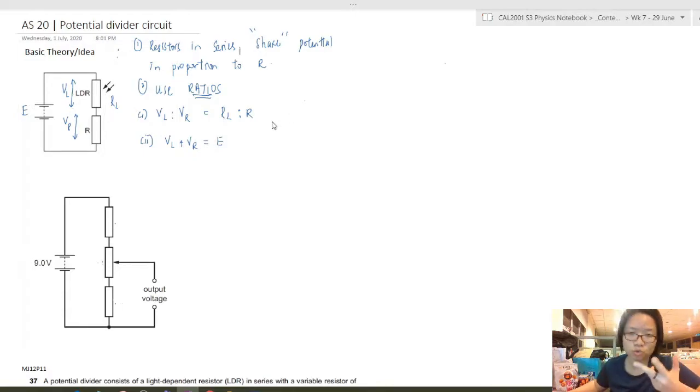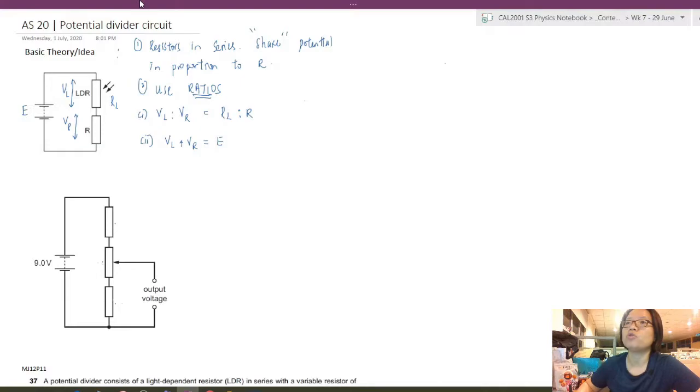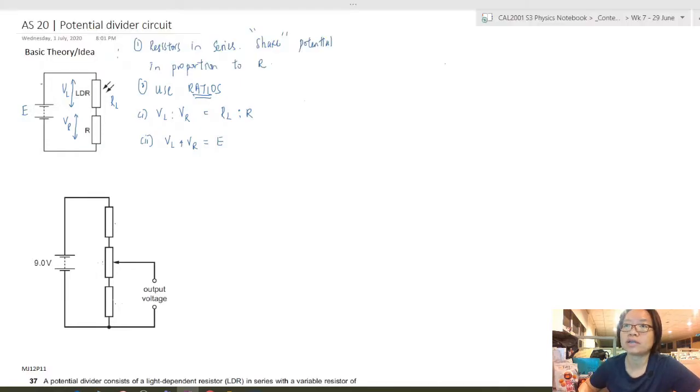Well, why? Two reasons. Number one, if you look at the current inside the circuit, the current coming out from the battery that flows through this LDR is the same current. So the first justification is from Ohm's law, V is equal to IR.